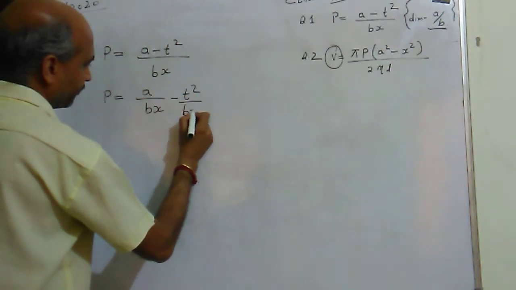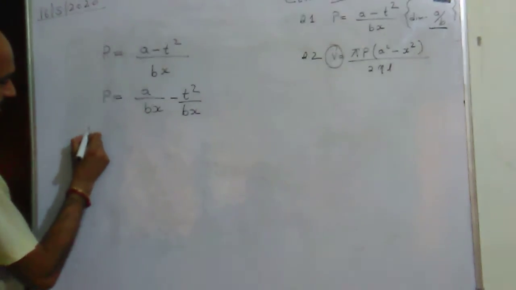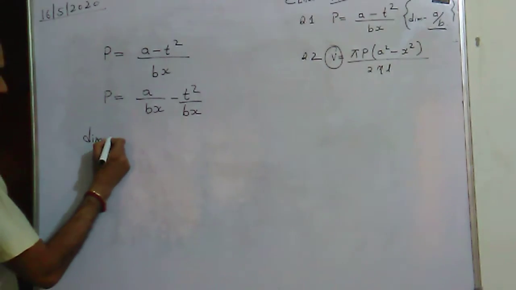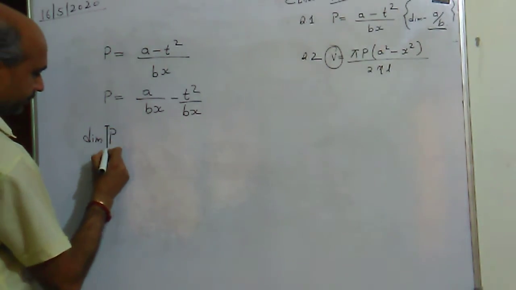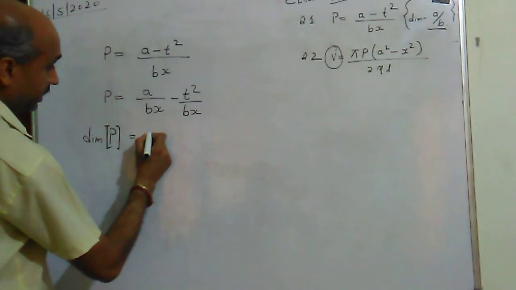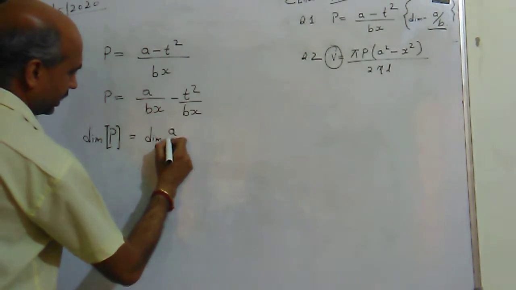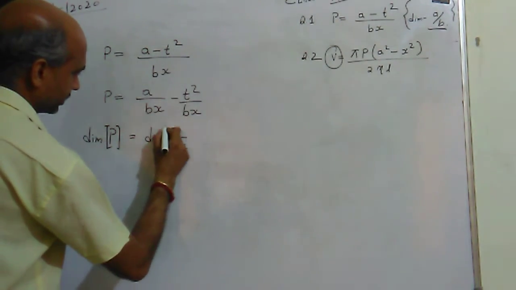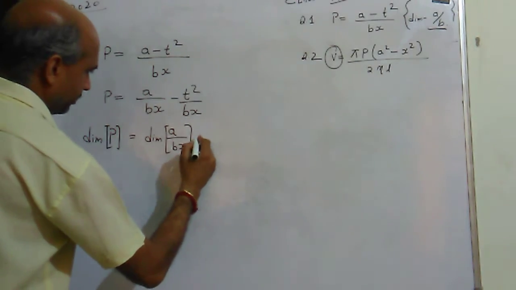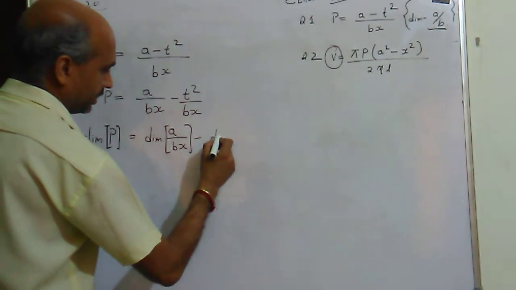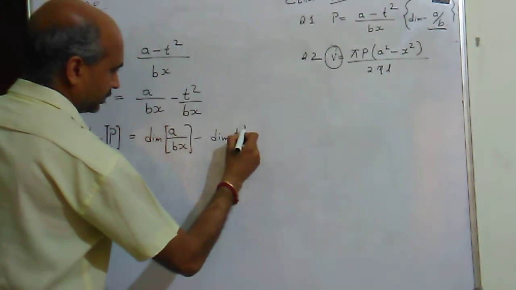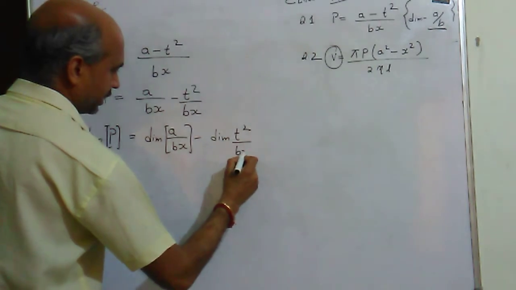We can write that the dimension of P, the pressure here, equals the dimension of A upon Bx minus the dimension of T square upon Bx.